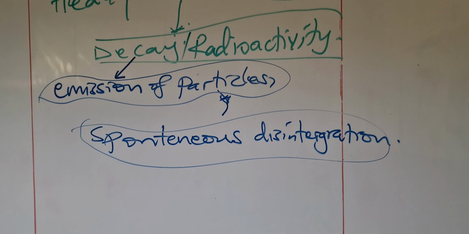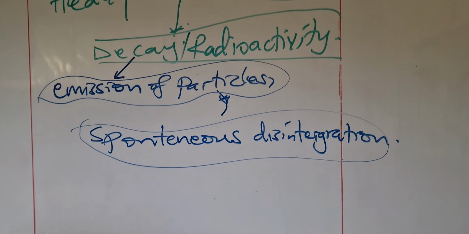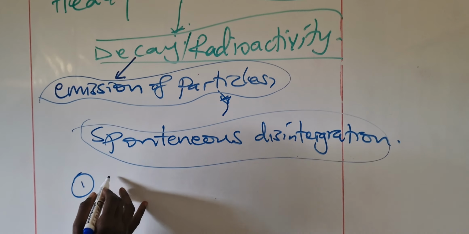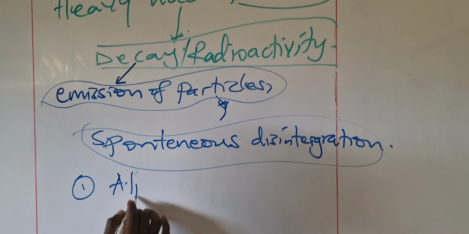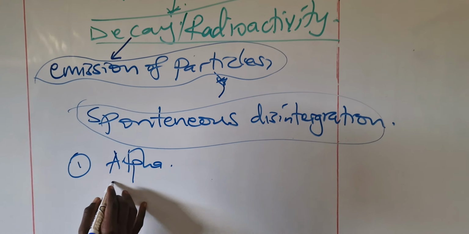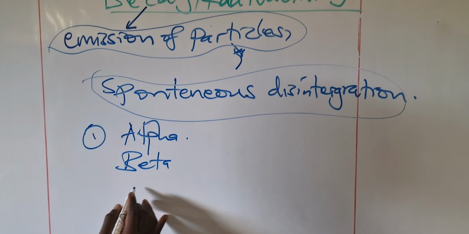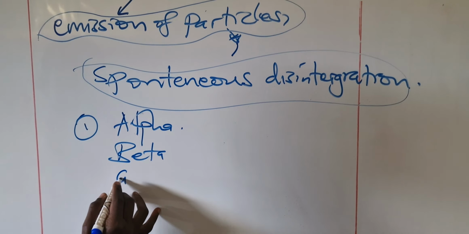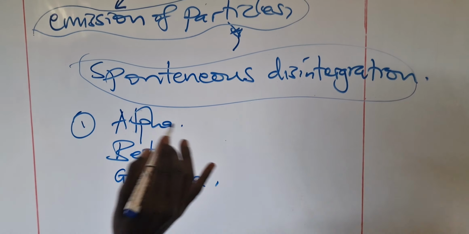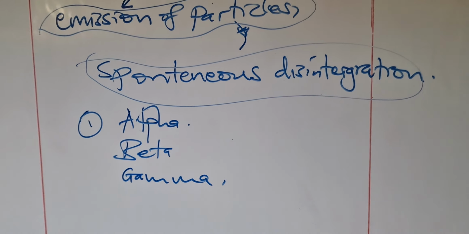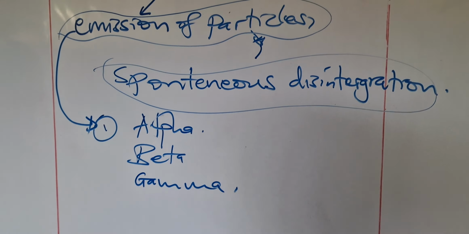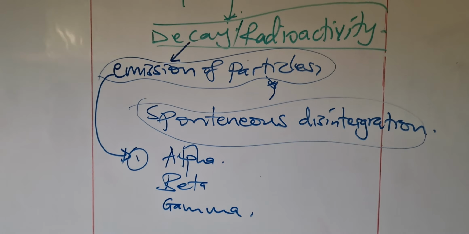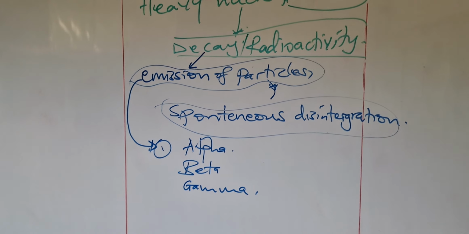These particles will be either alpha particles, beta particles, or gamma particles. So the particles that will be emitted will be the alpha, the beta, and the gamma.